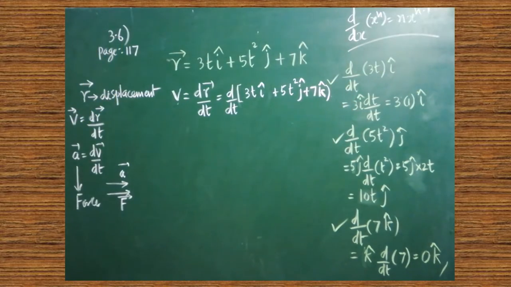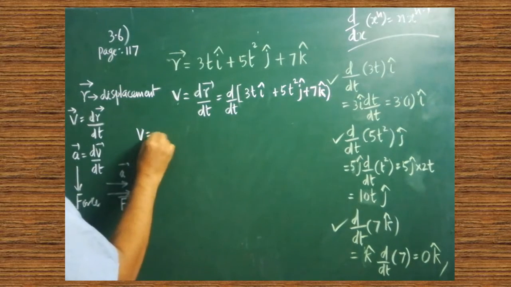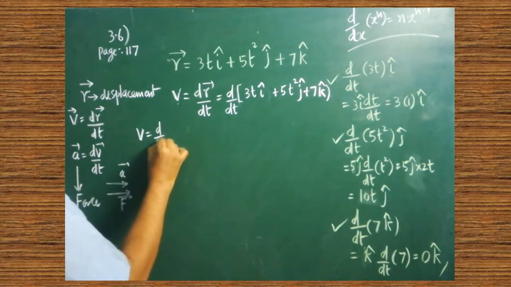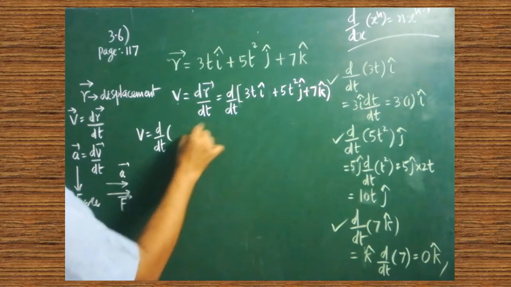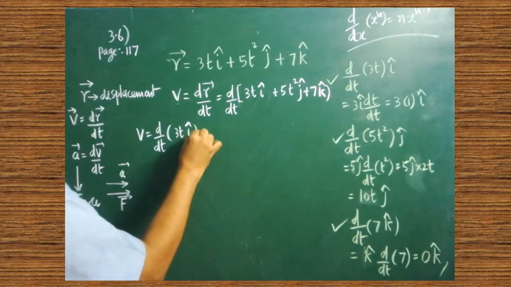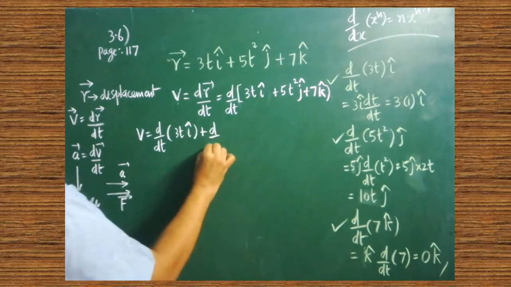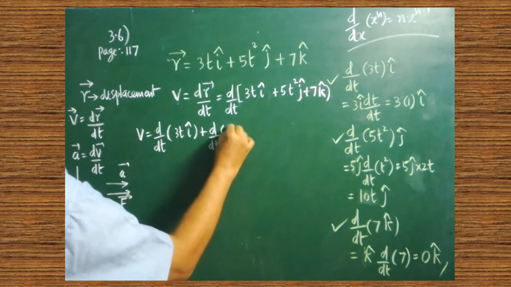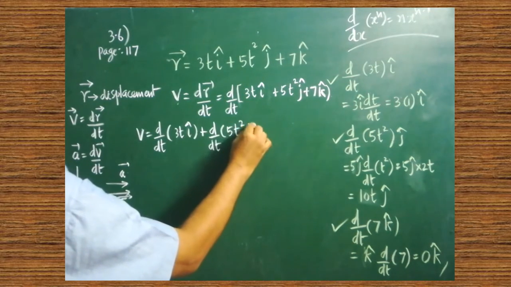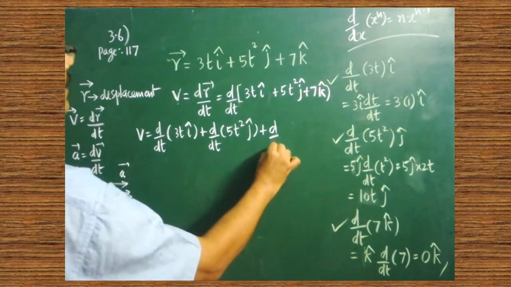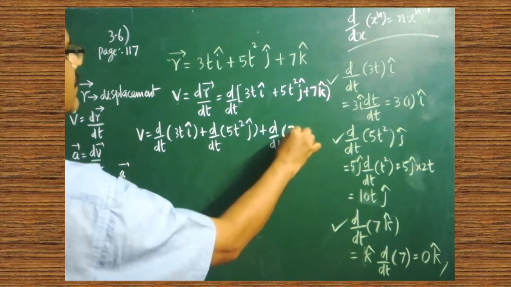So in the initial first step, we have to write like this. In the next step, the individual factors should be differentiated. d by dt of 3t i cap. Separately, the second part of the equation must be differentiated: d by dt of 5t square j cap, plus d by dt of 7k cap.